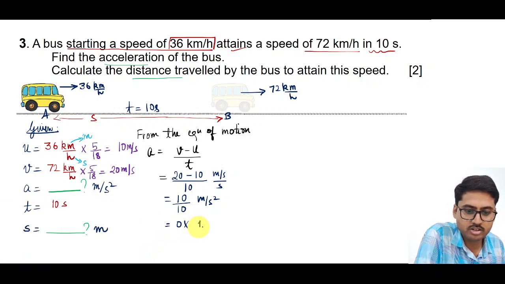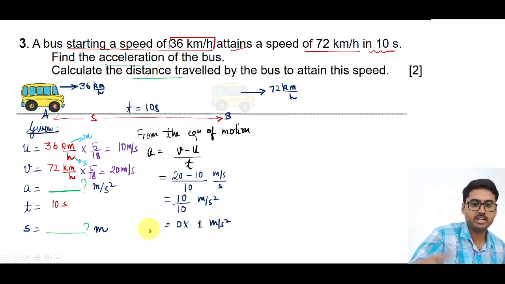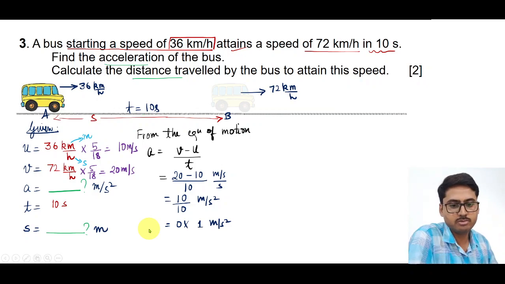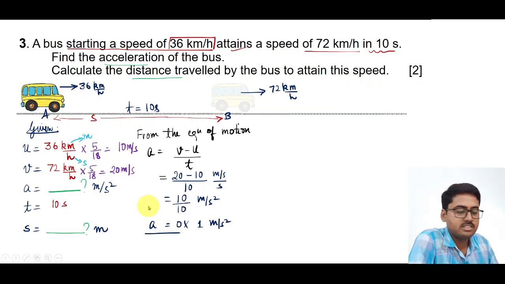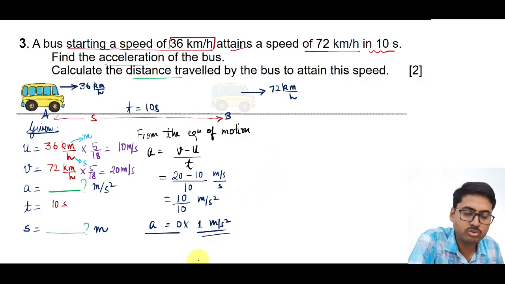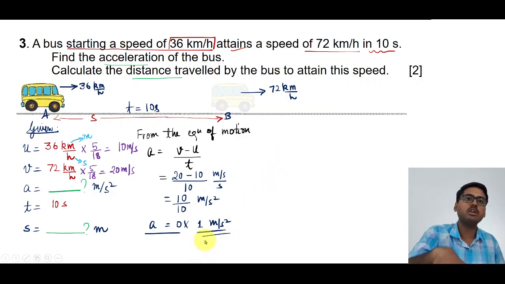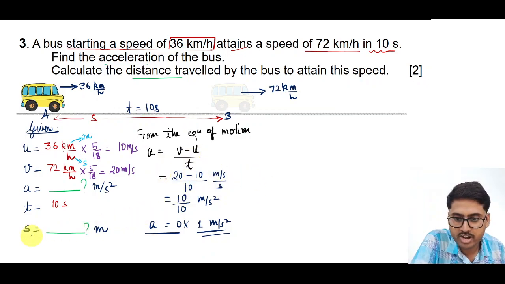No, it is 1. Please take care of this as well, because children in a hurry, they even write 10 divided by 10 as 0. Please don't do such mistakes, because you are going to use this acceleration in the second part of the numerical, and then if you don't do the calculations correctly, your further calculations are even going to be wrong. So this is the solution for acceleration. So we can put the value, we got it as 1 meter per second square.